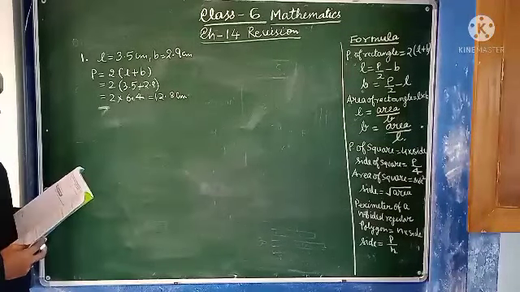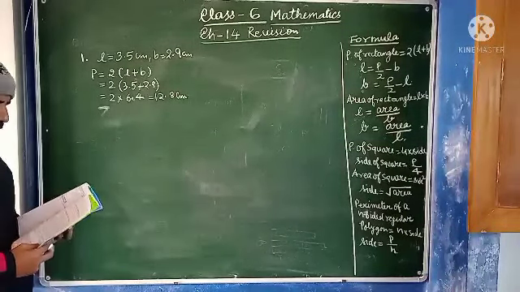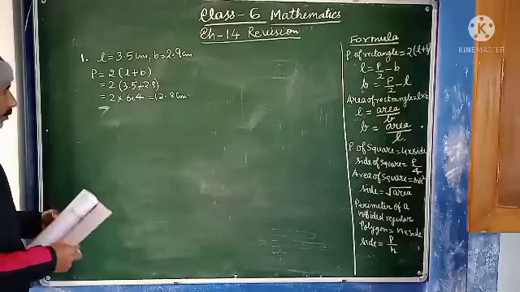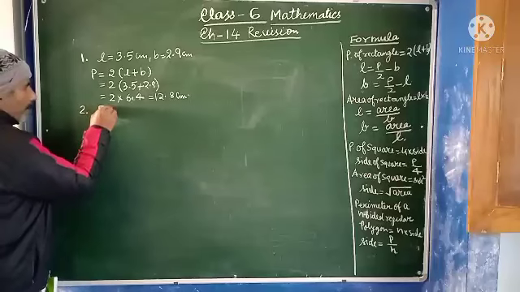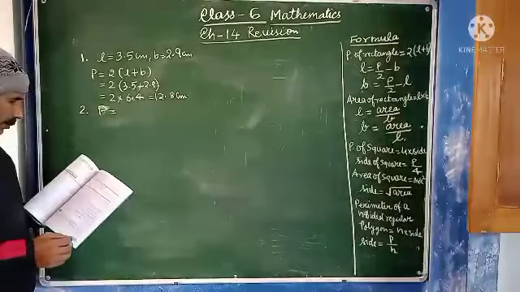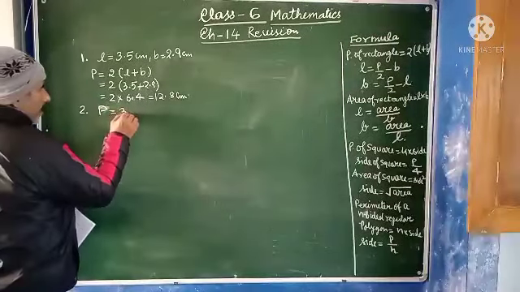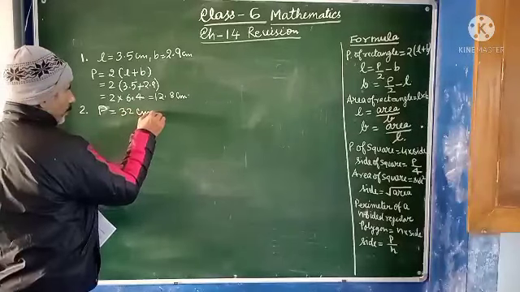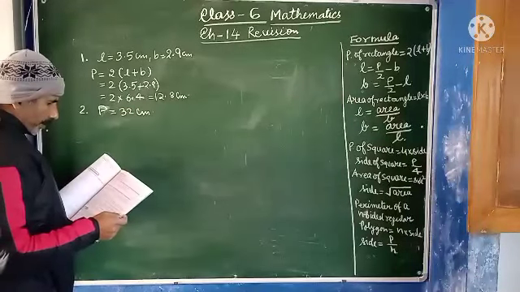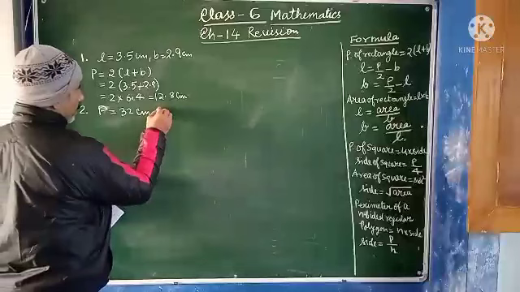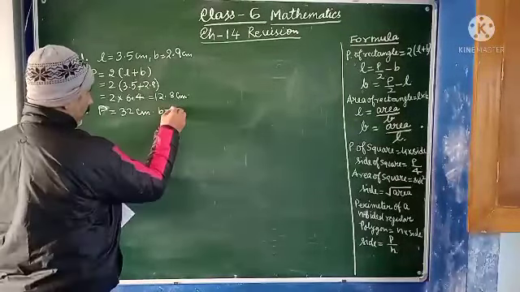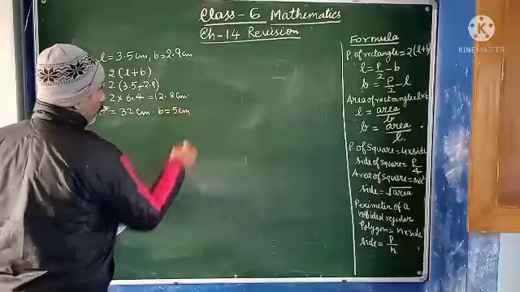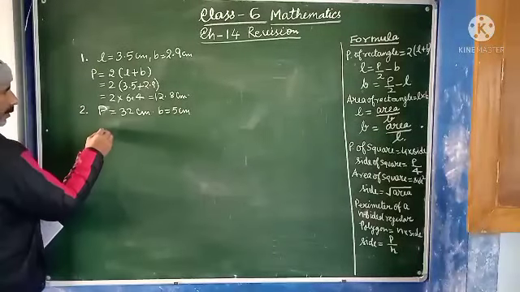Now, if perimeter is given, how can we find the side? Another question: perimeter is given 32 centimeter and width is given 5 centimeter. So very simply you can find the length.